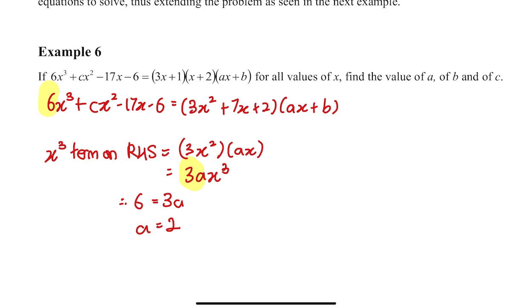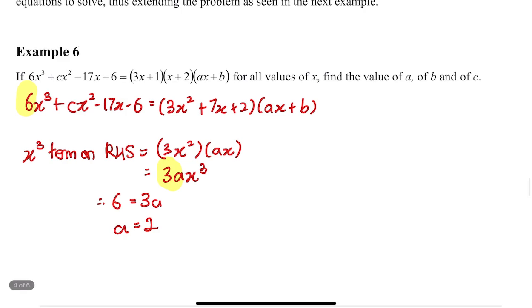Another easier way to compare is that instead of finding your x squared term, which will be very confusing, you can straight away find the constant as well. The only two terms that multiply together to give you a constant in this expansion are 2 times b.